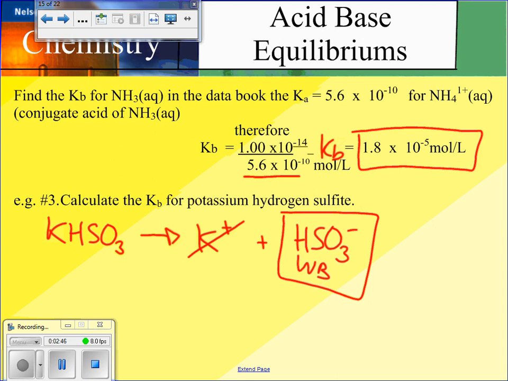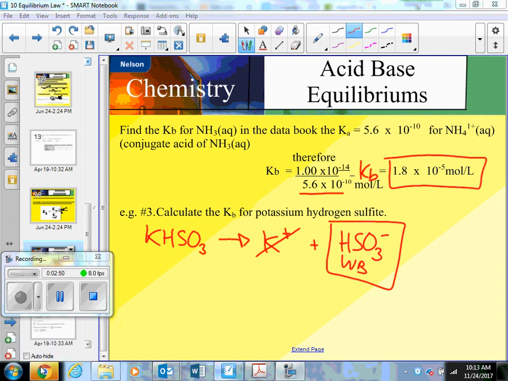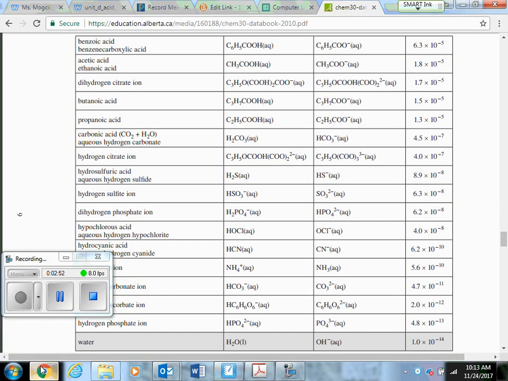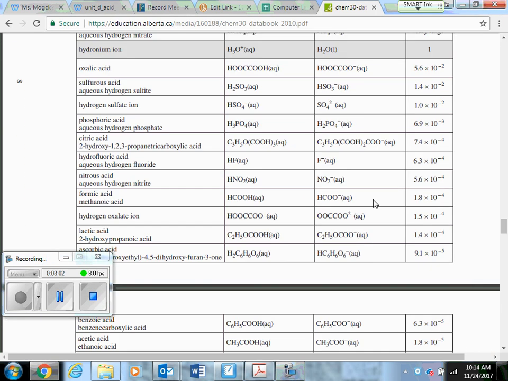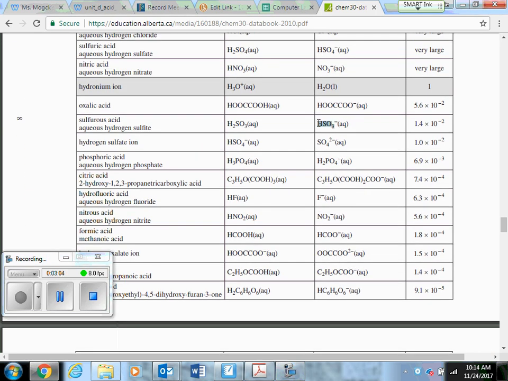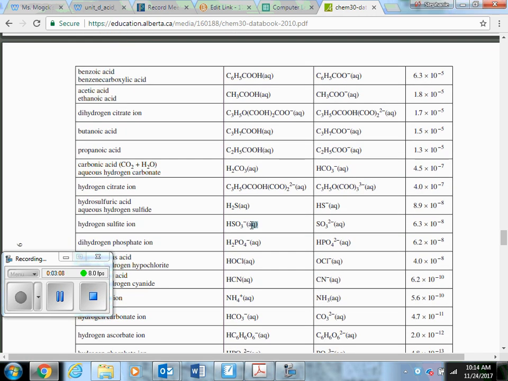because you're going to see it twice in the data book. So if we look on page 8-9, hydrogen sulfite can be found in two different places. So if we look on this side, we can find the hydrogen sulfite here, or scroll down a little bit further and we find it here.